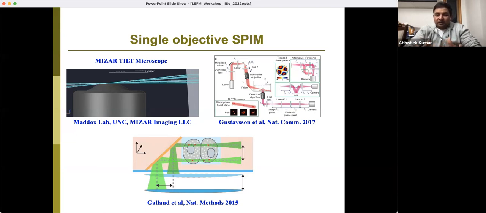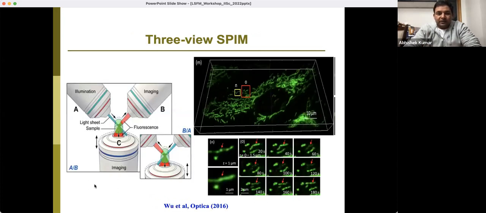These types of implementations offer you some capabilities, but also at the cost of some other restrictions. So we need to be aware of that, because we know our biological questions and samples better than anybody else. You need to figure out what type of sample mounting you need and what kind of information you need to extract, and based on that, you see which implementation is more suited for that.